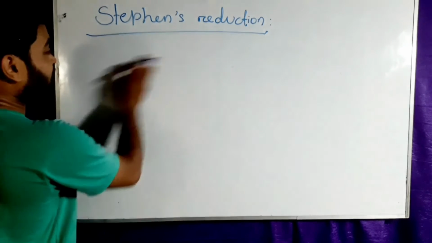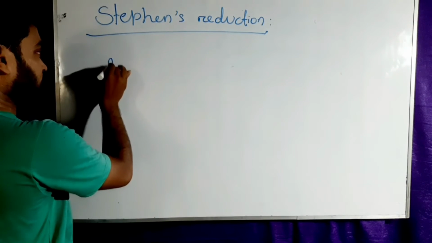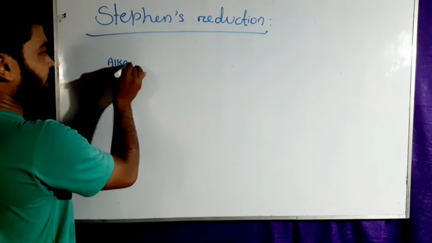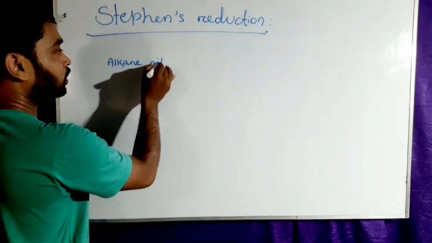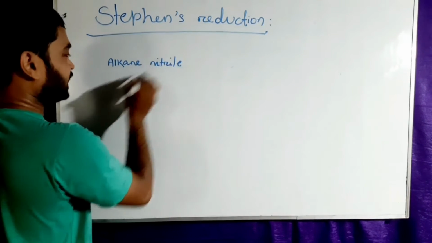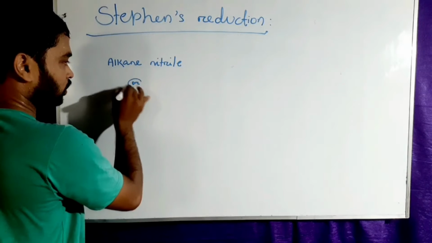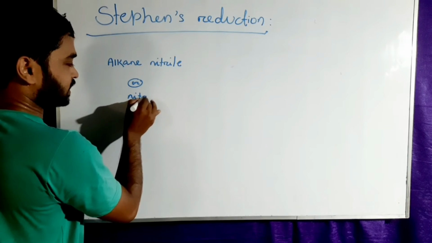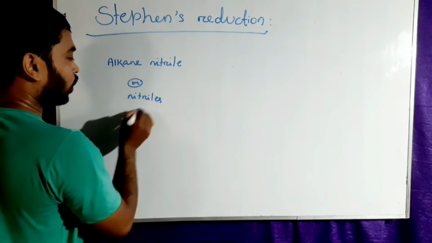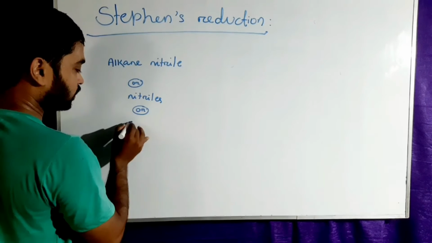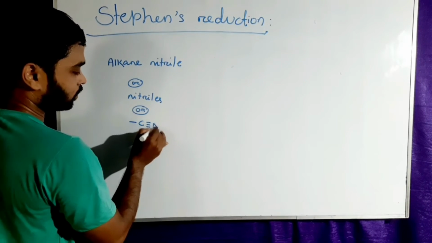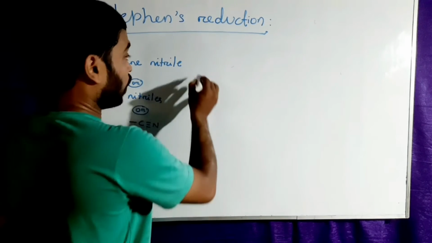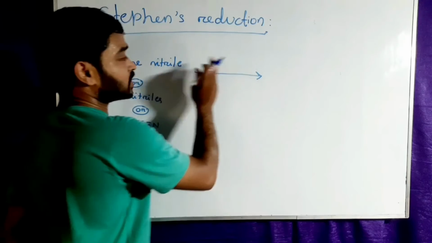The nitriles, or alkyl nitriles, or you can say cyanides, undergo two successive reaction steps.